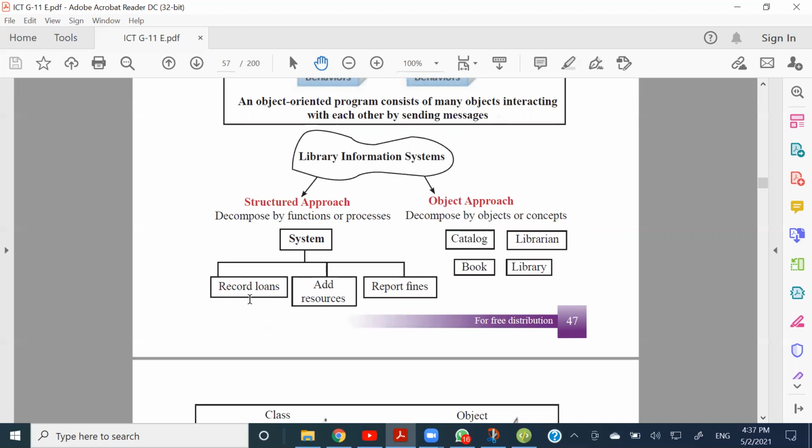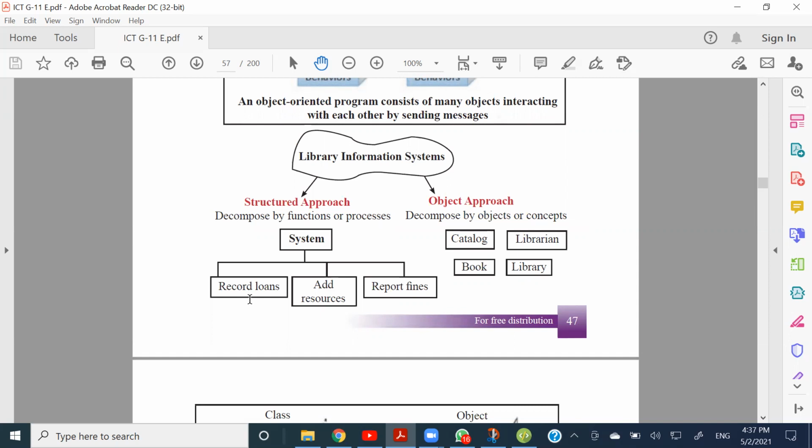There is an object called catalog, an object called book, an object called library, an object called librarian, right? Then the librarian will look into the catalog to lend out the books within the given scope. I know it is a slightly harder concept for you to understand sometimes, but just know the difference.